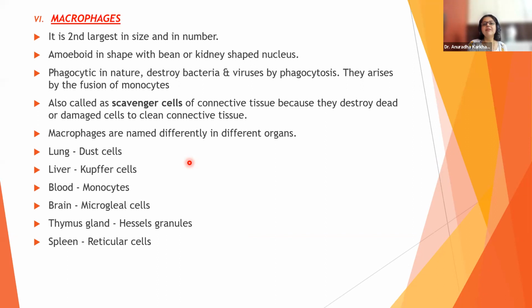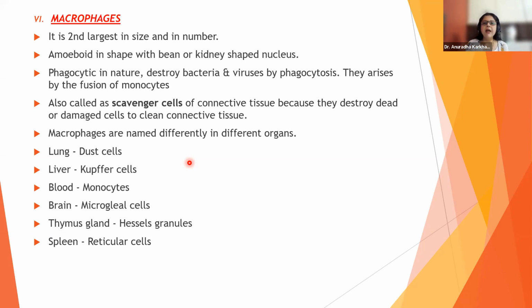They are also called as the scavengers of connective tissue because they destroy dead or damaged cells and clean the connective tissue. So they go on phagocytosis of the dead cells, the dead tissue, or any bacteria or virus that has entered into the cell. Everything will be phagocytosed by these macrophages.